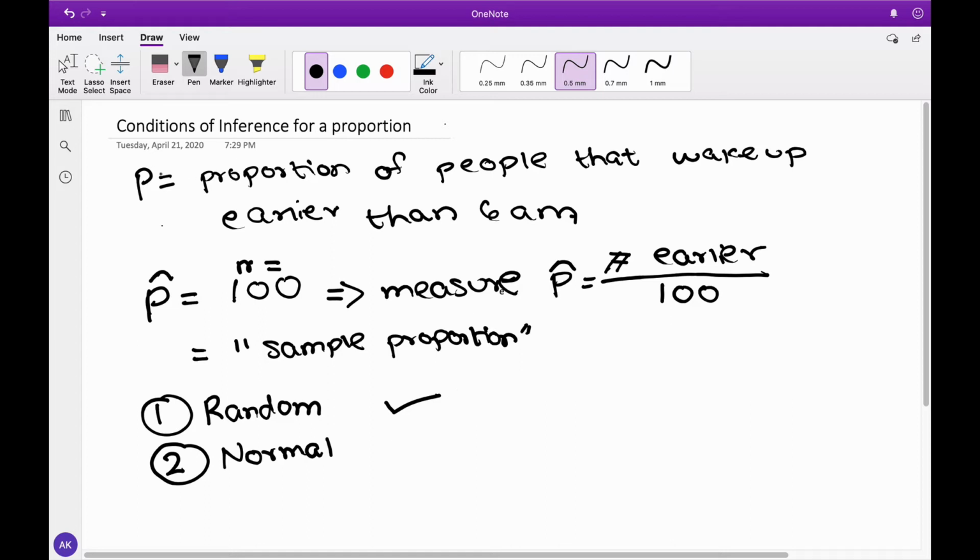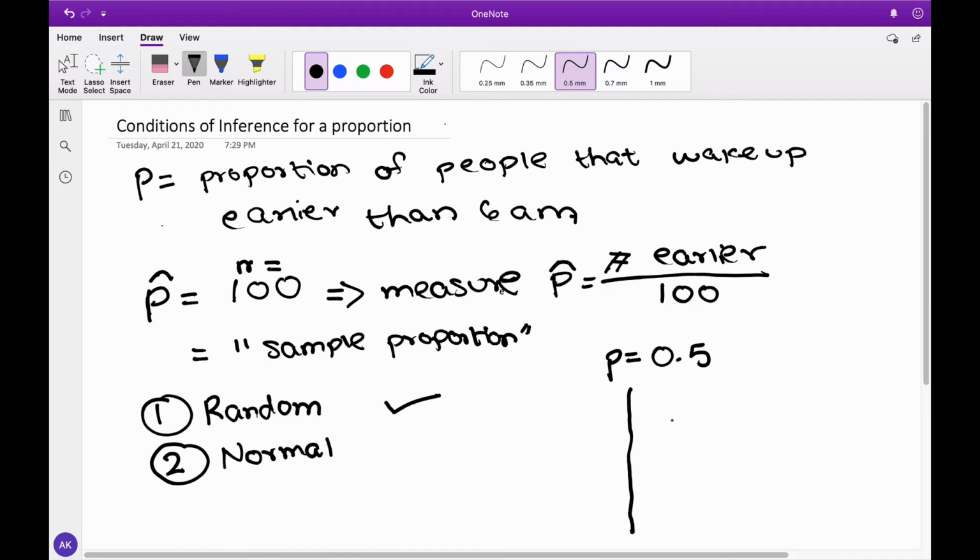It doesn't make any sense for the population proportion to be normal, but it does make sense for the sampling distribution to be normal. So let's say you have the true proportion right here, and I'm just making up a number. Maybe the true proportion is 0.5. So 50% of the population wake up earlier than 6 a.m.